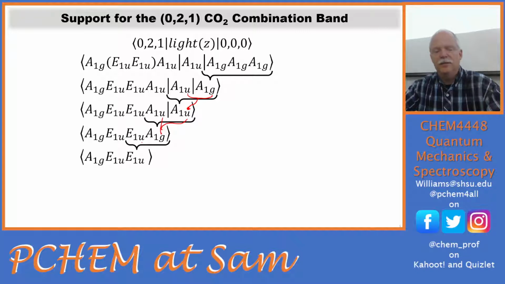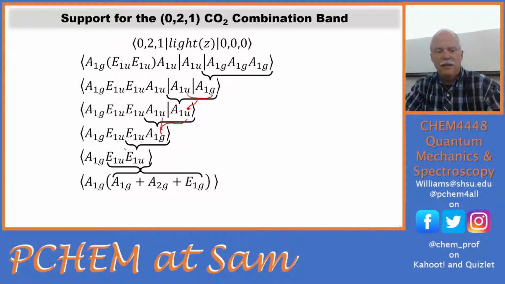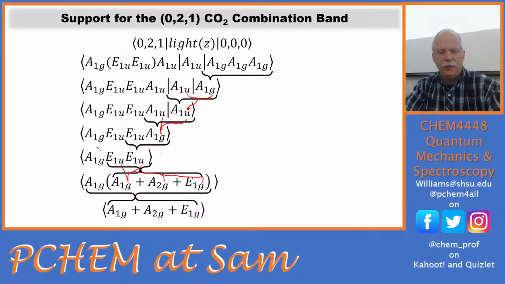And so now it gets interesting. Whenever we combine the E's, E1 times E1 gives A1 plus A2 plus E1, and then the U times U gives G. So all of these are G because of the U times U. And then lastly, this A1 multiplied by each one of these terms individually gives us that set again.